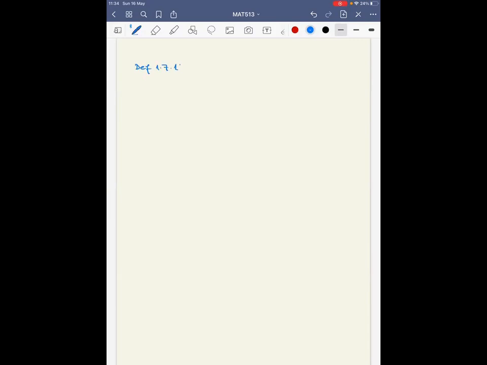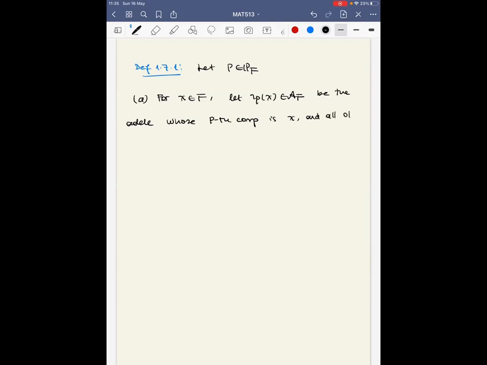In other words, if you consider the definition as given in the textbook, for a fixed place p and a function x, iota_p of x is an adele whose pth component is x and all others are 0.